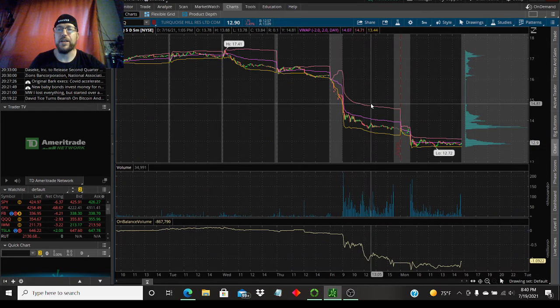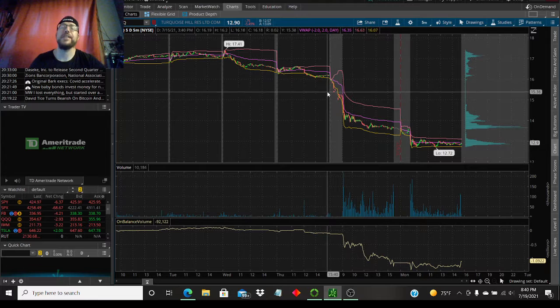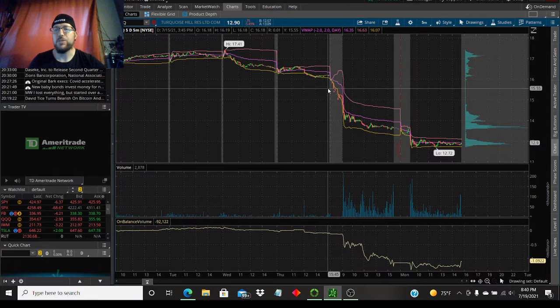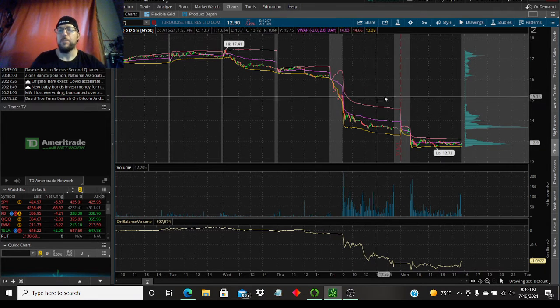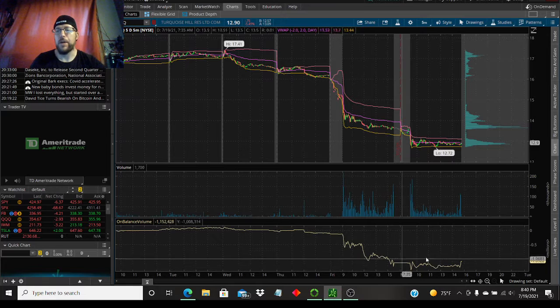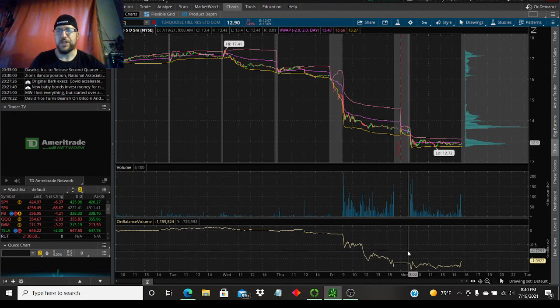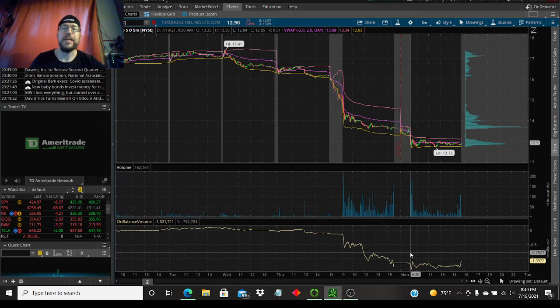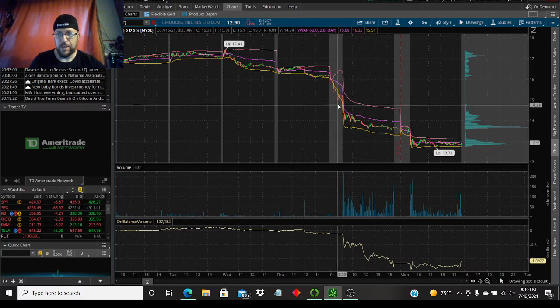So I've been dissecting my trades, seeing if there's anything I can improve on, and I think this one thing will help out a lot. Plus, I put the indicator on balance volume on here too, which is a volume and price indicator, and they work well with each other.